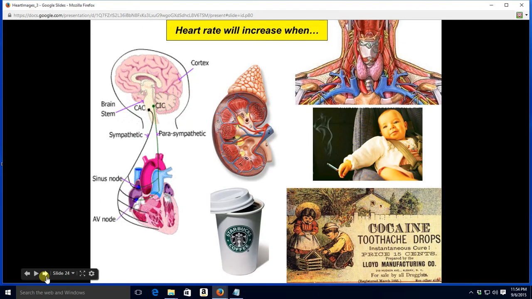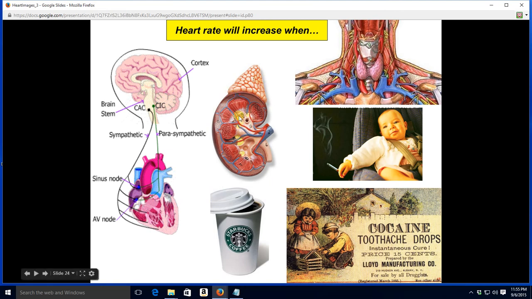Now let's talk about some of the things that affect the 2 factors in cardiac output: heart rate and stroke volume. Heart rate will increase when your cardioacceleratory center turns on or your cardioinhibitory center turns off. Turning the cardioacceleratory center on means more norepinephrine released upon the SA node. Turning the inhibitory center off means less acetylcholine released on the SA node.